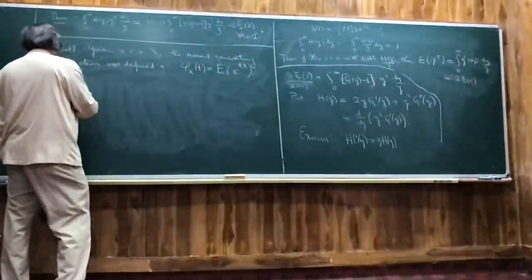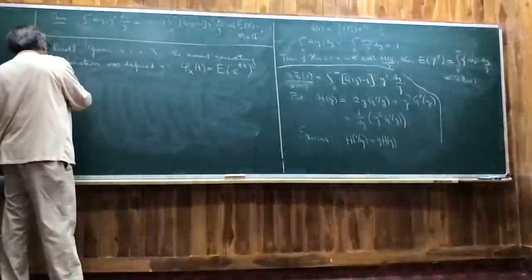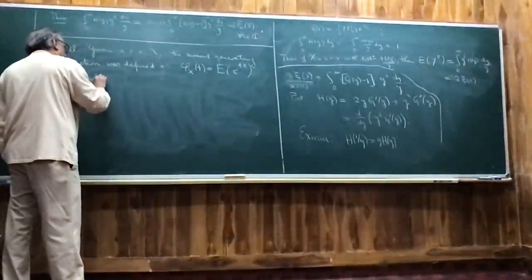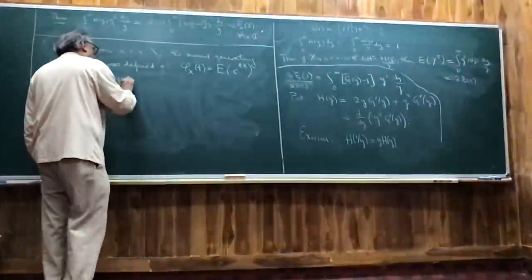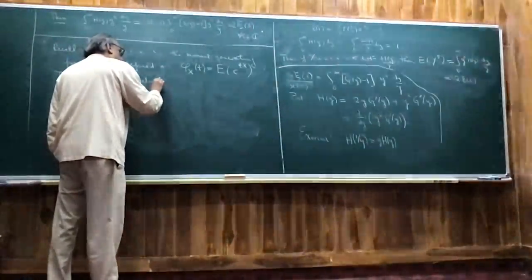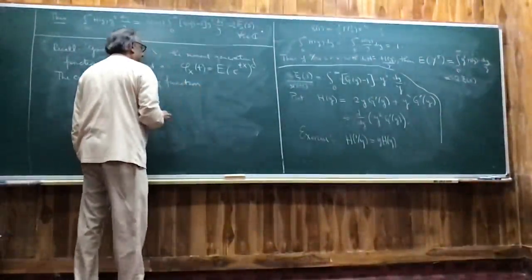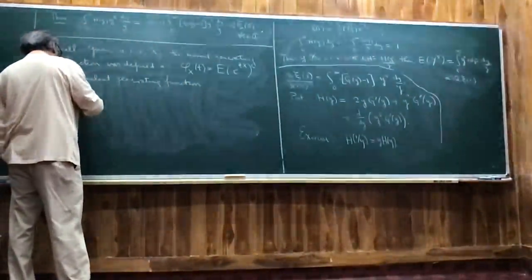And now I'm going to define what's called the cumulant generating function. It is log phi x of t.